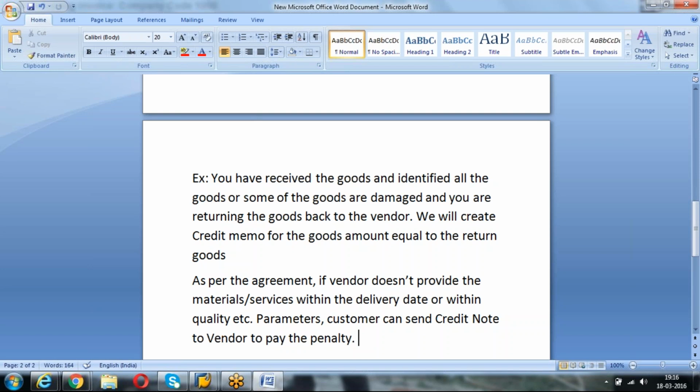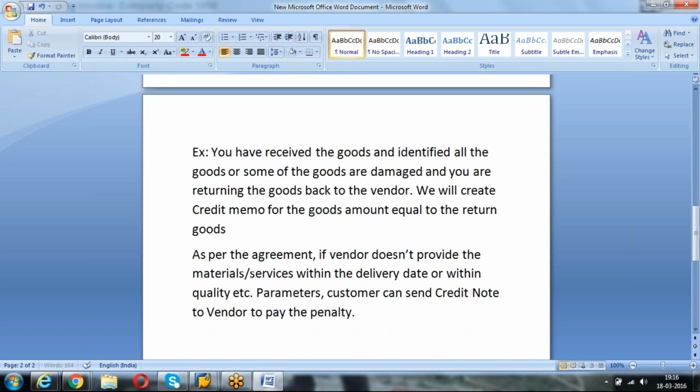The shopkeeper will take that t-shirt and your bill and he will create a credit memo and he will give you a 1,000 rupees credit memo. What is the use of that credit memo? With that 1,000 rupees credit memo, you can buy any goods equal to 1,000 rupees. And also if you buy 1,500, then he will deduct 1,000 rupees and charge only 500 rupees from you. Okay, that is the use of credit memo.